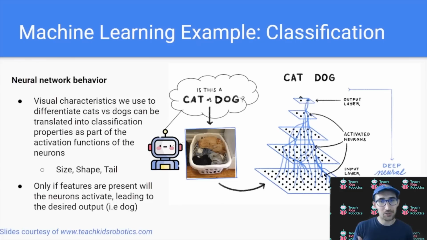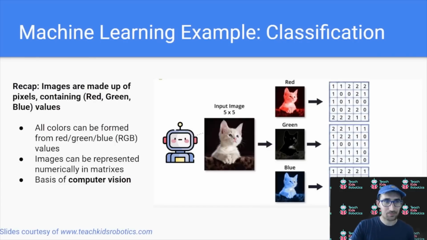We might choose properties such as the size, the shape, the tail, the texture of the fur, the color, the height. And these are all things that we can potentially encode mathematically based on the input image. And only if the features are present will the neurons activate, basically contributing to or voting for what the correct output is based on the presence of these features.